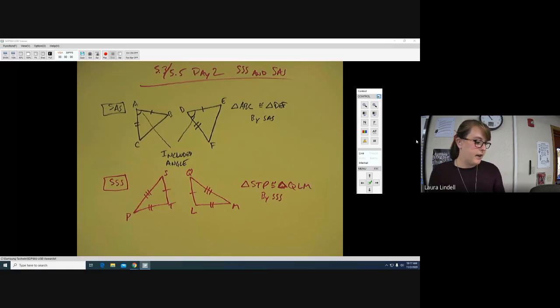Now we're going to look at a couple different examples of cases where not everything is labeled on the drawing for us. We might have to go through and label a few things ourselves. So here we go.